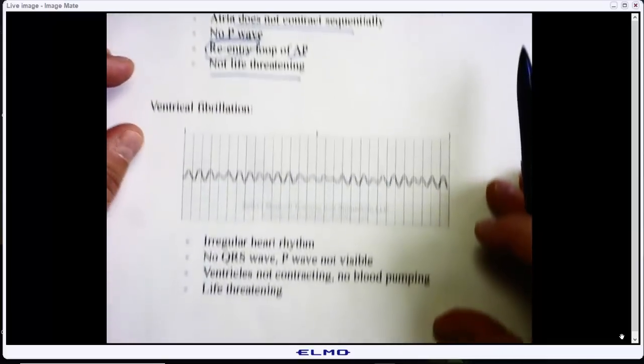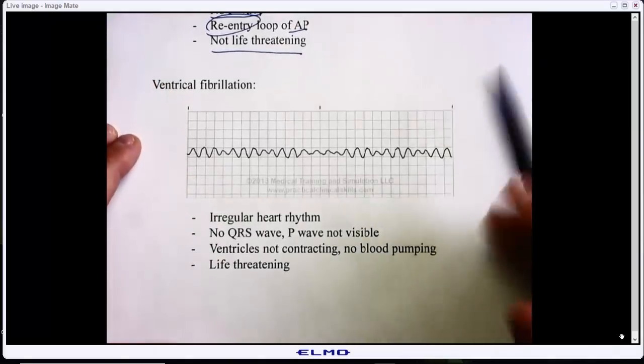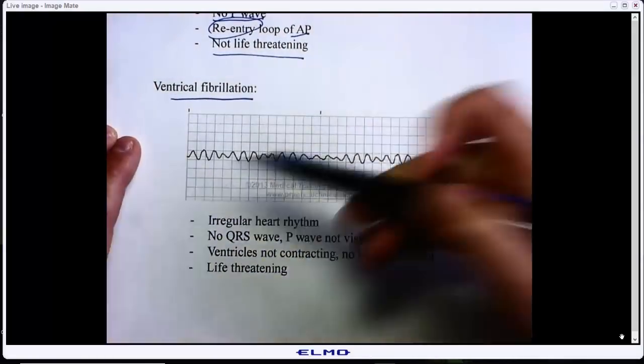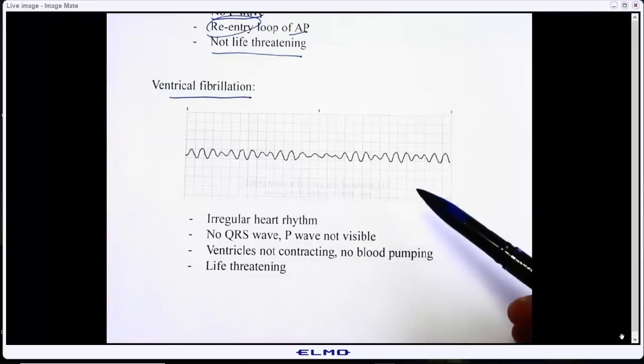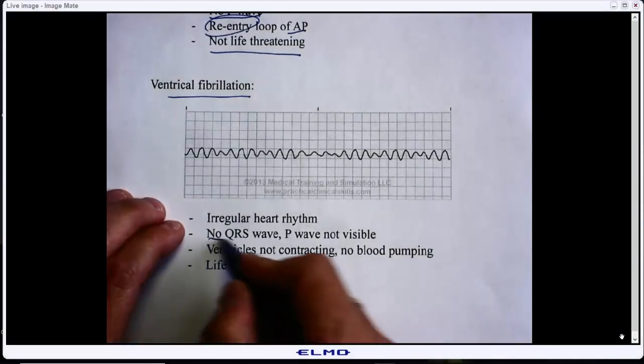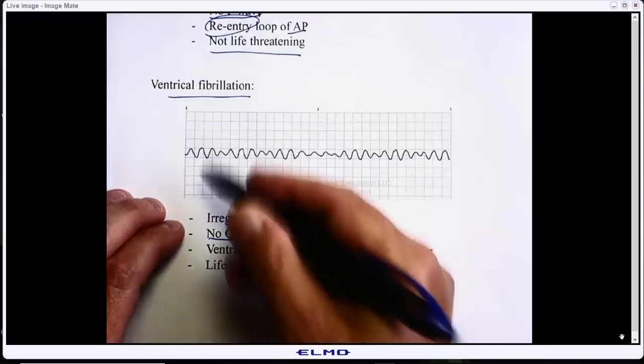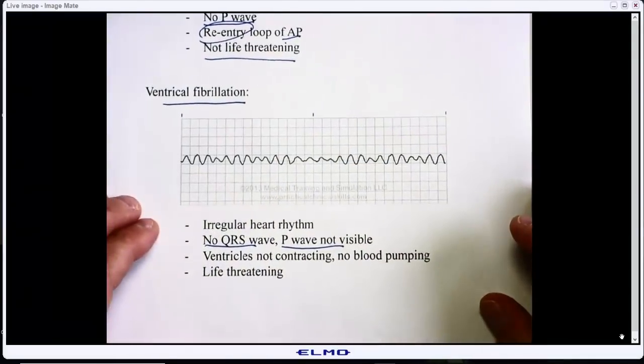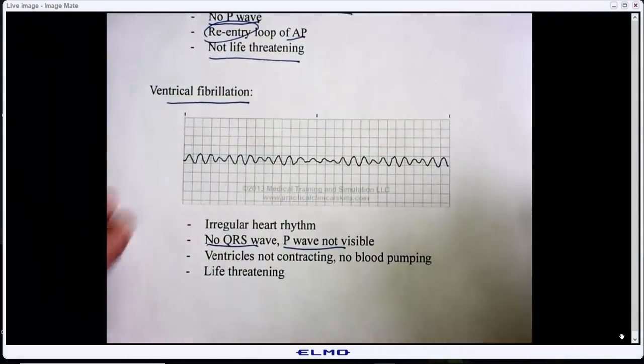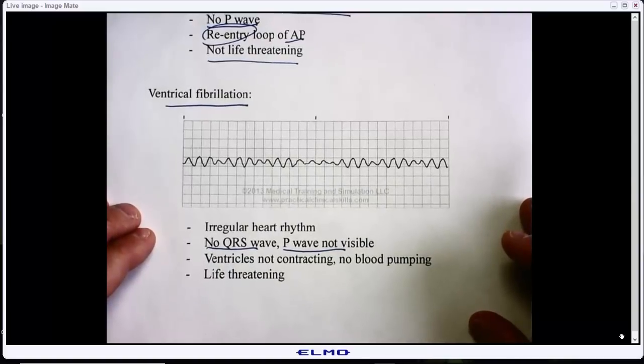Problematic, though, is ventricular fibrillation, right? So ventricular fibrillation, here's what the waveform looks like. Really, there's no QRSs, Ps. We can't even see what a P is in there because of this really disorganized electrical activity.